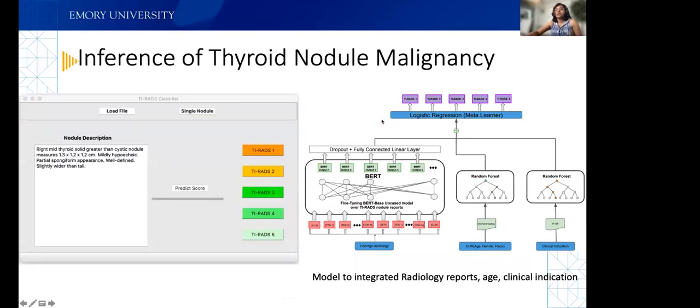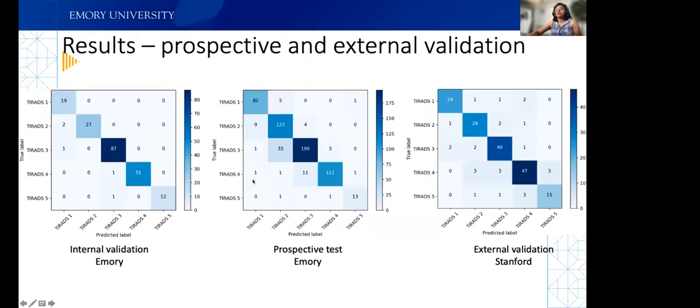He also developed a graphical user interface where, given the nodule description, the model can automatically predict the ThyRES score, which is also interesting, following a similar idea. He also tested it on the Emory internal validation dataset, as well as a prospective dataset from Emory, as well as on the Stanford dataset, and showed that the performance is generalizable. Again, very interesting results.